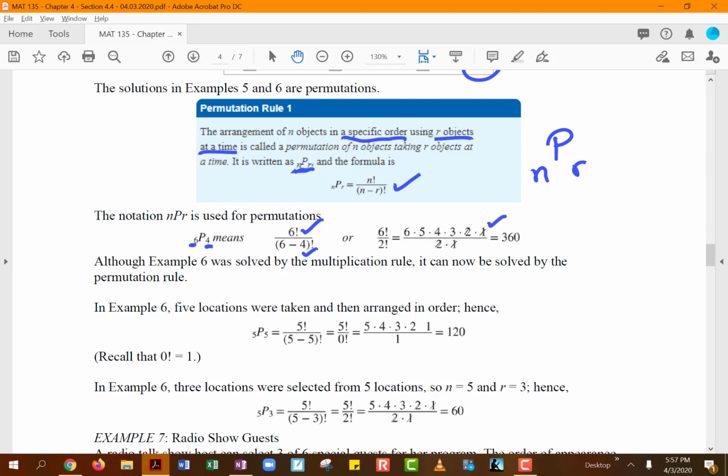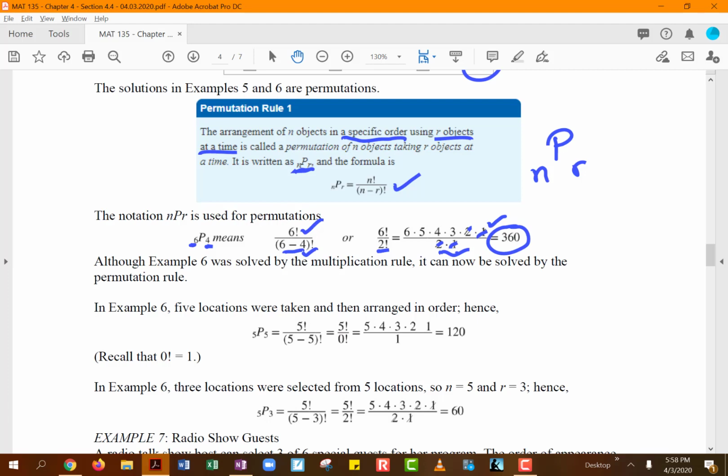So that's this guy here. So between your numerator and denominator, you will see that 2 and that 1 cancel out, which means you are left behind with 6 times 5 times 4 times 3, which actually comes out to be 360. So sometimes, breaking this down and canceling out what's common leaves you with just a smaller value that you have to calculate, and that ends up becoming your answer. So 360 in this case.